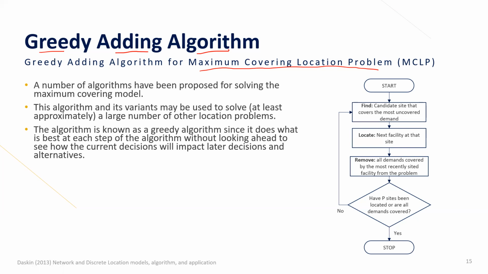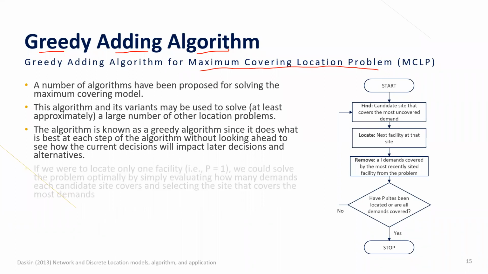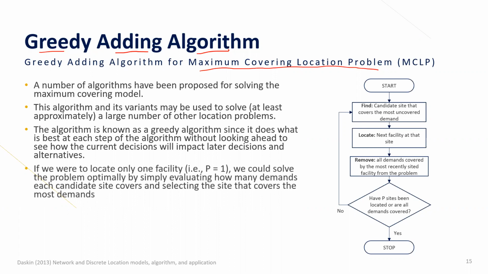In that case, when you are only able to select one, p equal to 1, you just select, out of all those facilities that are not yet selected, the one that has the most demand covered. It's easy for p equal to 1.